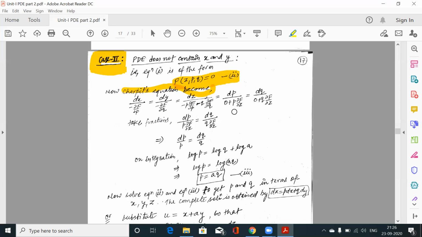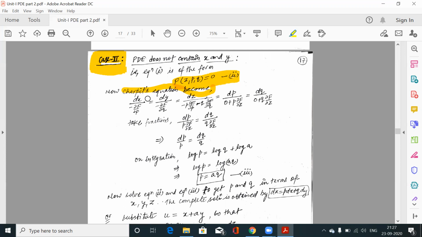Otherwise, if you don't want to study these cases, you simply use Charpit's method to solve the PDE, because after all they are derived from the Charpit's differential equations. But if you remember, we can skip some steps.